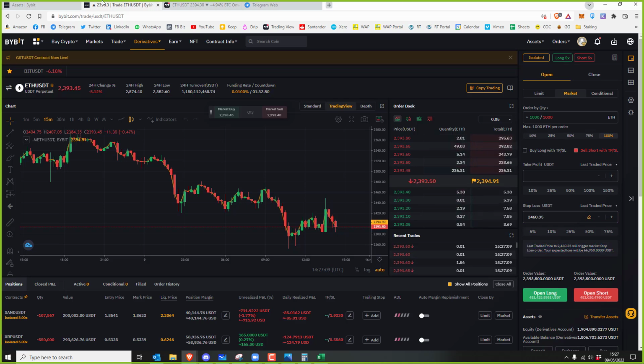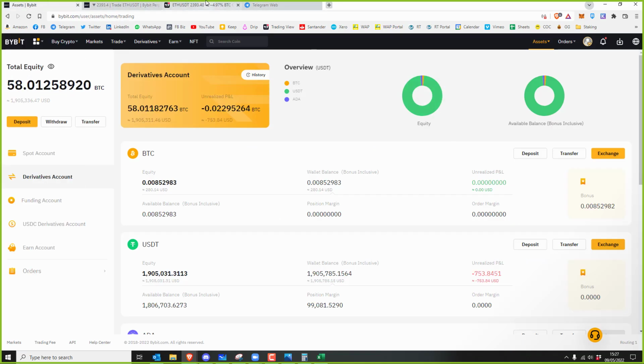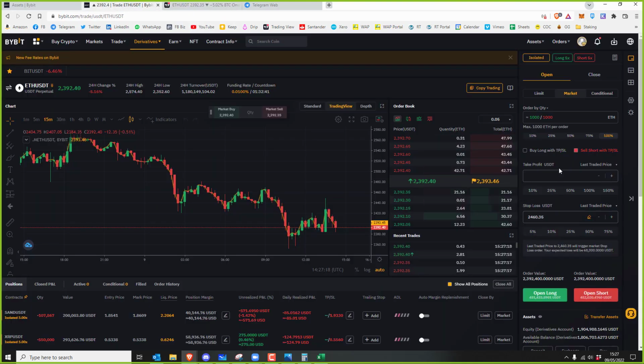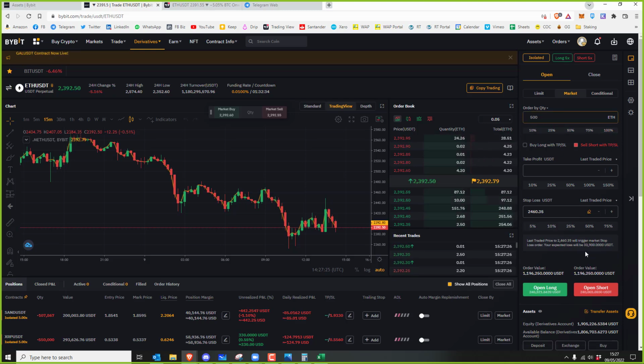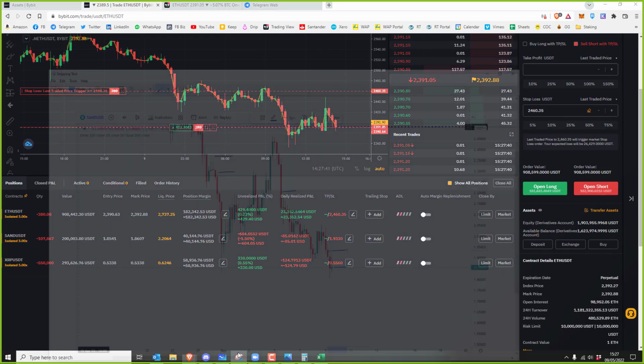With Ether, I'm going to risk 0.5% on that one, because I'm still basically counting as though I'm still in the trade. 0.5%, so 500. So it's fine. No, it's 400. So 12, 23, 80. That'll do. Cool. That's Ether.